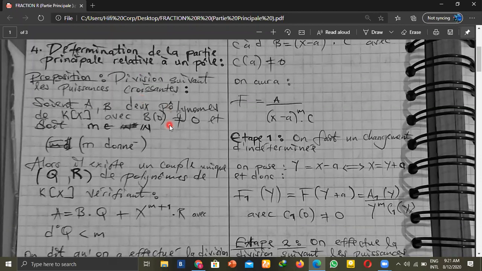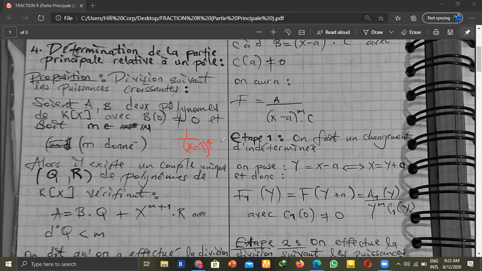Here we've got 1 over, maybe here we've got (x minus 1) to the power of multiplicity 4.